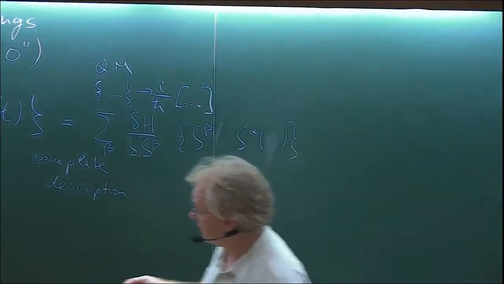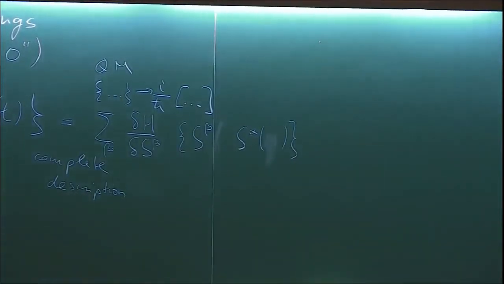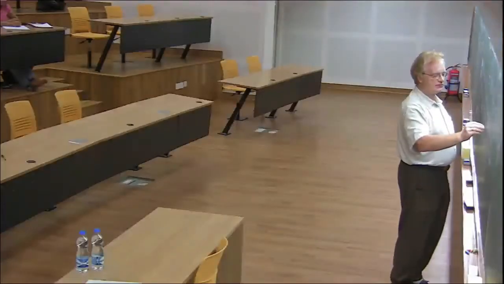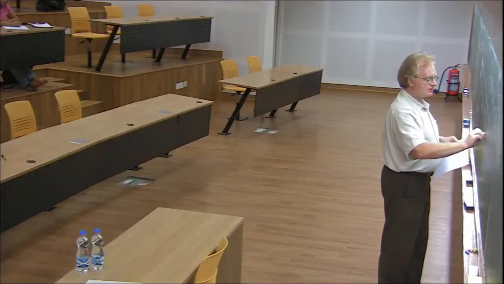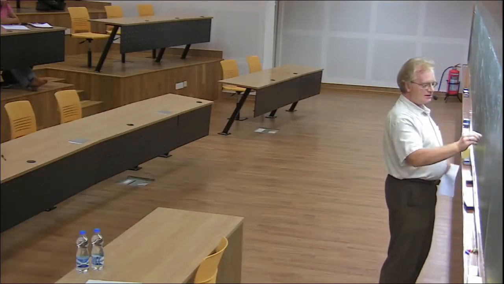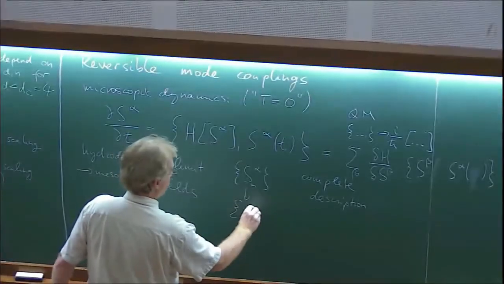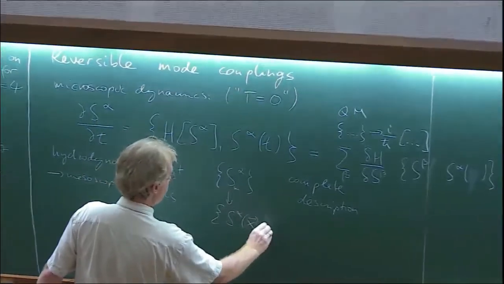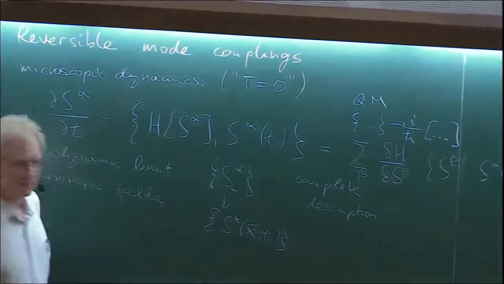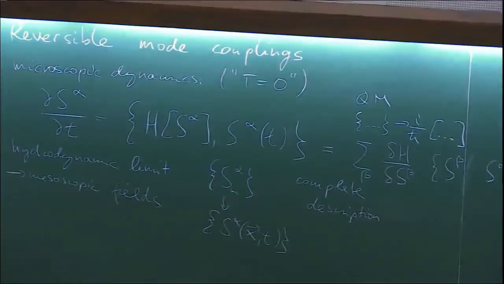What I'm also doing is taking this hydrodynamic limit. So in this hydrodynamic limit, really, I need to get to mesoscopic fields. So these aren't really microscopic variables. What I've tacitly done here is replace these microscopic variables with mesoscopic densities, which are locally varying.